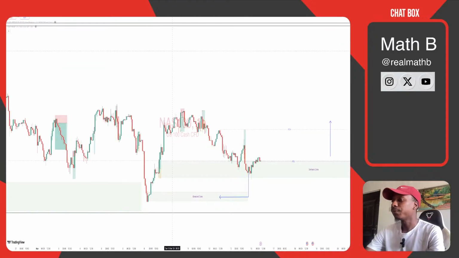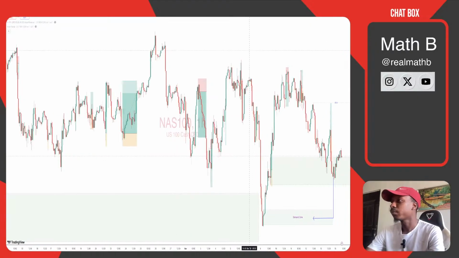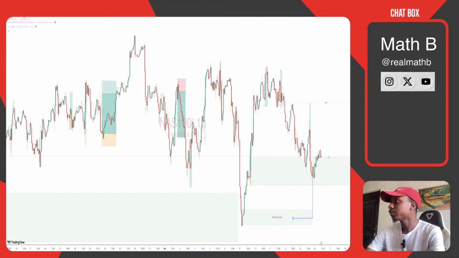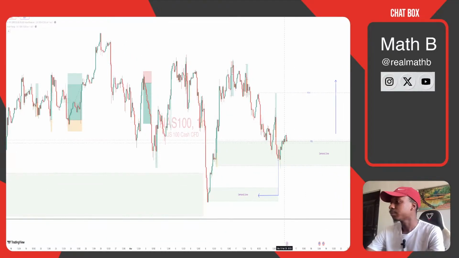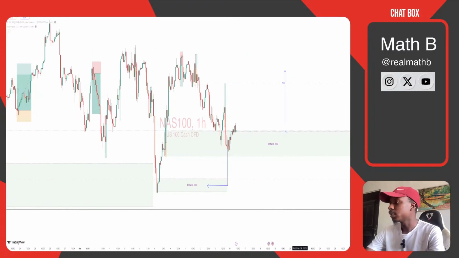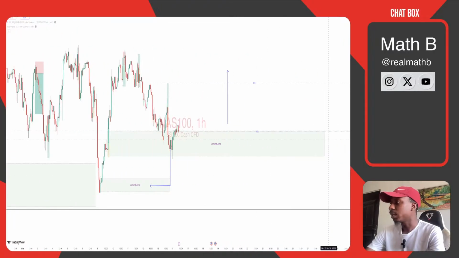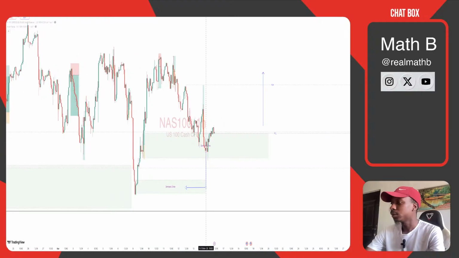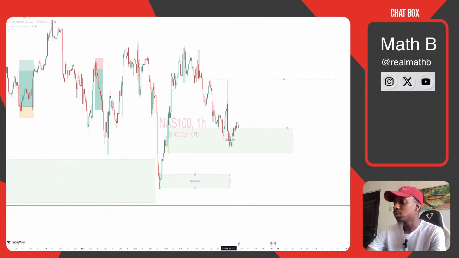So let's go on the 1 hour time frame now. On the 1 hour, the zone is much clearer. So it's possible that from where we are right now, NASDAQ might continue to reach the demand zone at the bottom, on the 1 hour.